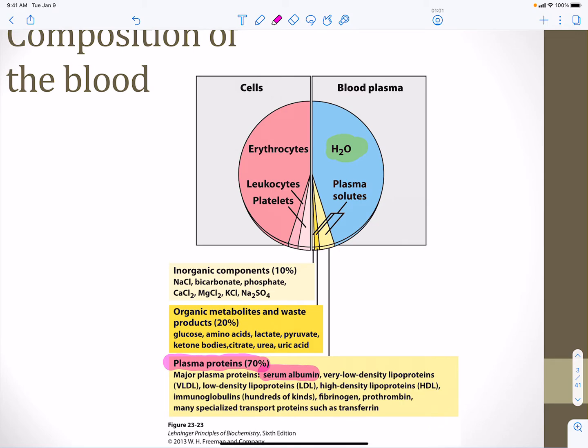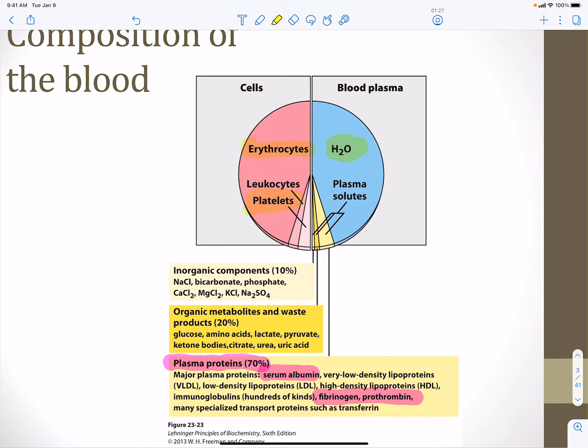We have very low density lipoproteins, high density, low density. We also have immunoglobulins, and we have some of our clotting components. And then with respect to our cells, of course, we have mostly red blood cells, our erythrocytes, and then we also have leukocytes, and then a pretty large portion of platelets in the blood.